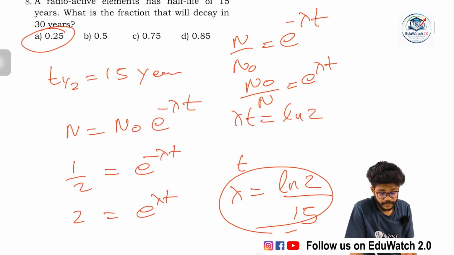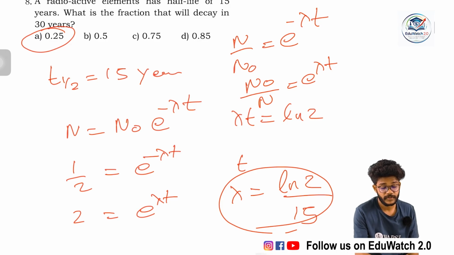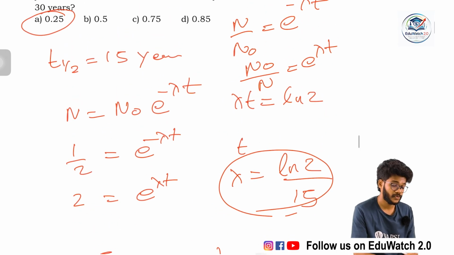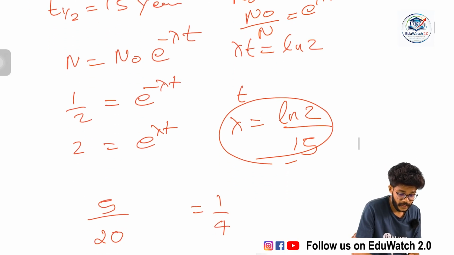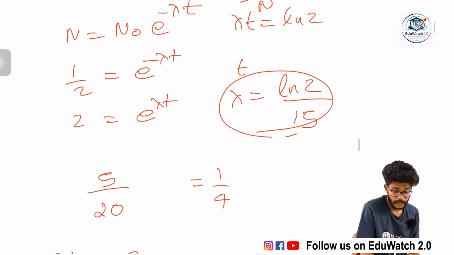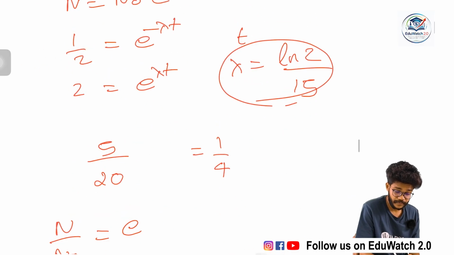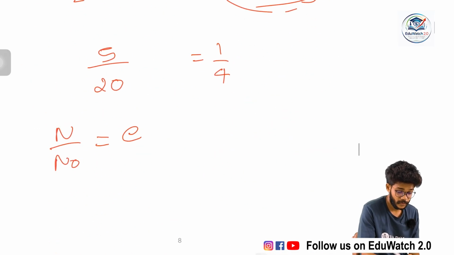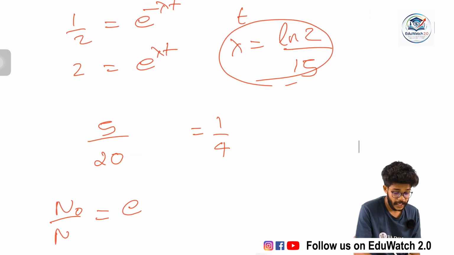Substitute this lambda in the above equation, e raised to lambda t, and t is equal to 30. So N0 by N is equal to e raised to lambda t, where lambda is ln2 by 15 and t is 30.